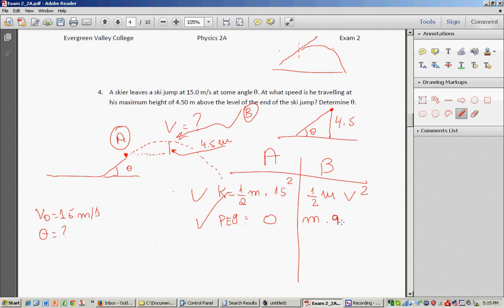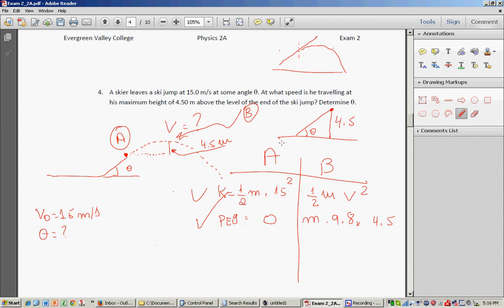At the maximum height it is going to be m, the mass of that person with the ski, times g times the height, which is 4.5, right? mgh, the vertical displacement.